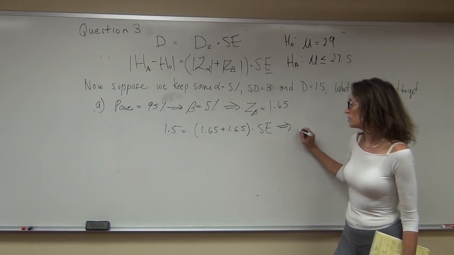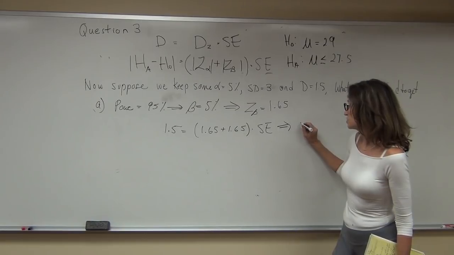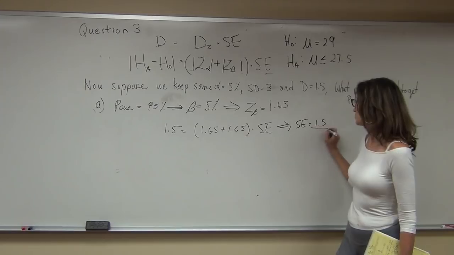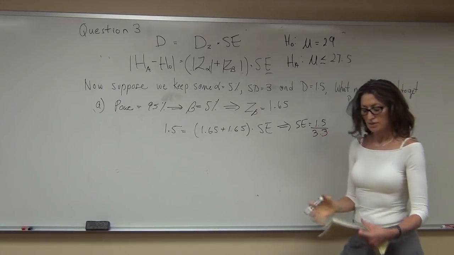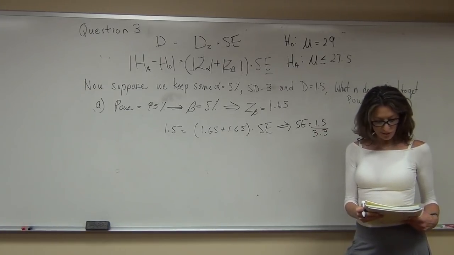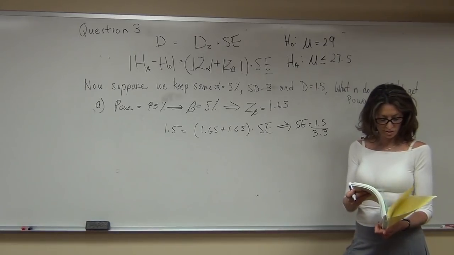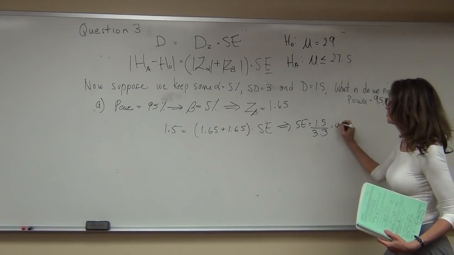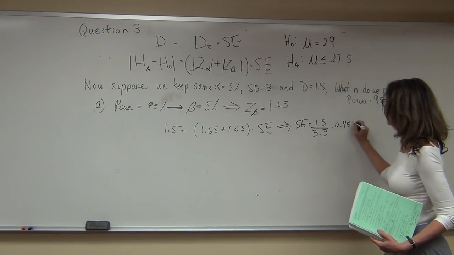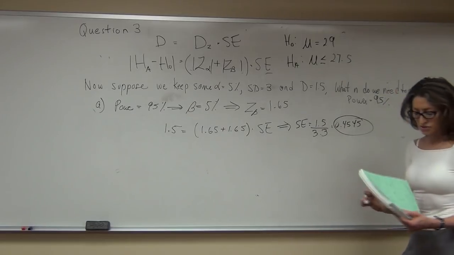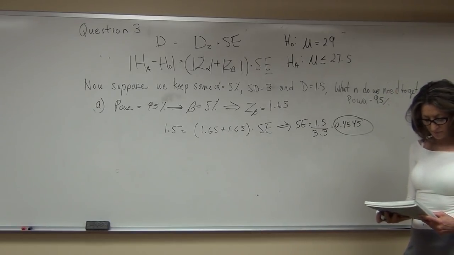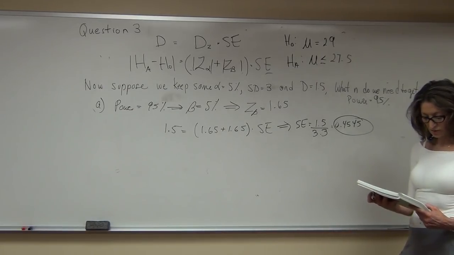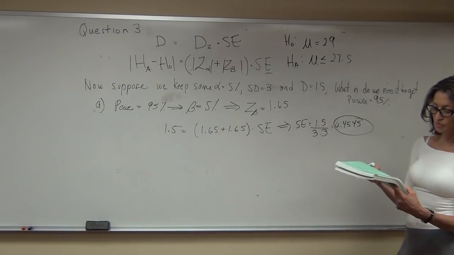Our standard error is equal to 1.5 divided by 3.3, which is equal to 0.4545. That's our standard error, and that's part B, or part C, actually. All right, so I'm just going through these all in one.